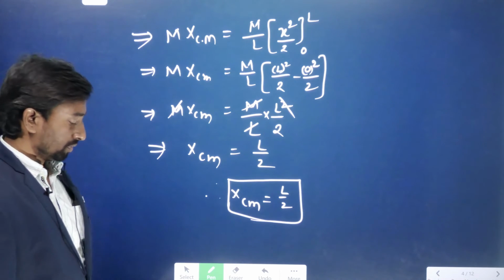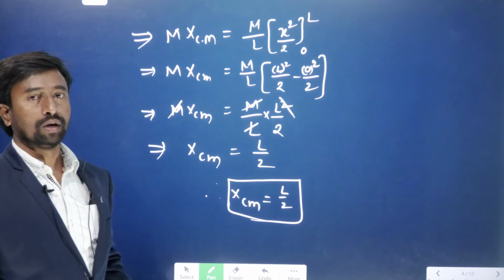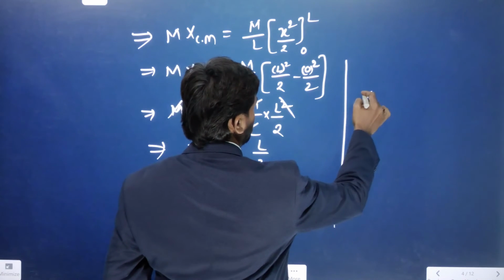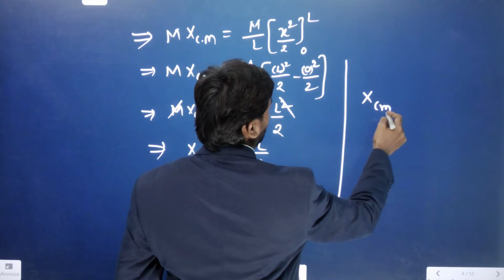So for any object, whether uniform or non-uniform, the formula for the center of mass x_cm can be written as our general formula.